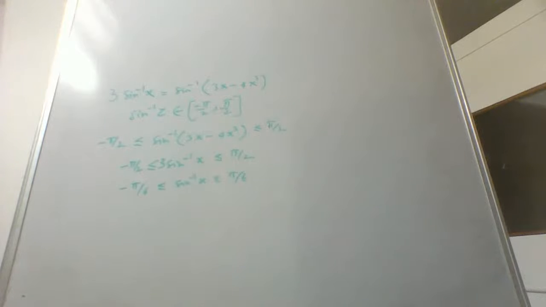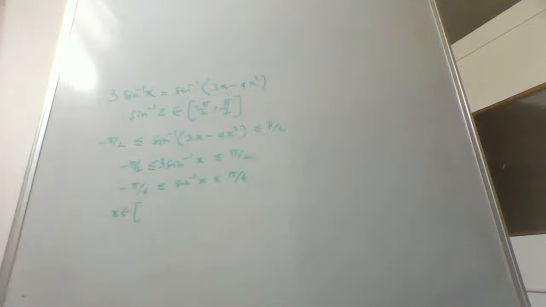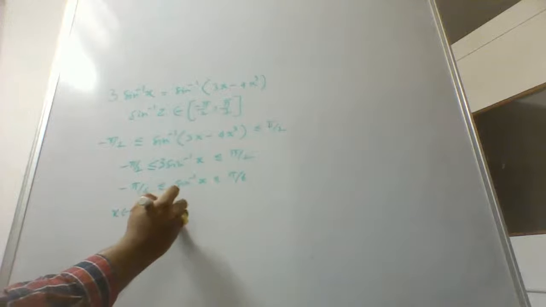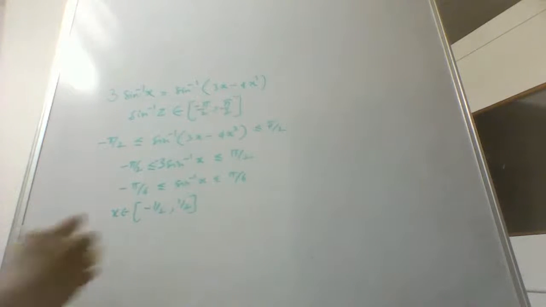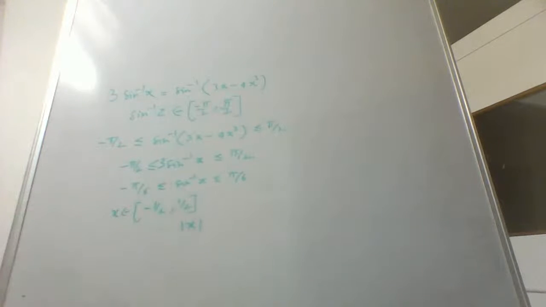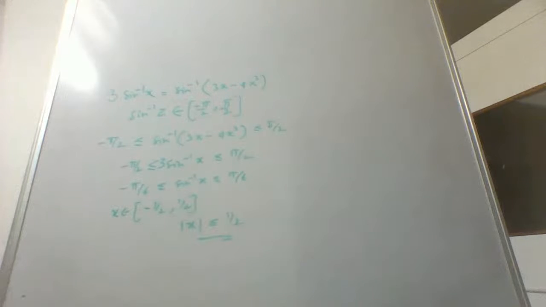Fine. Therefore we find that x belongs to minus 1 by 2 and 1 by 2. So the mod of this x will be less than or equal to half. So this is the solution. Fine. Let us move on to the next problem.